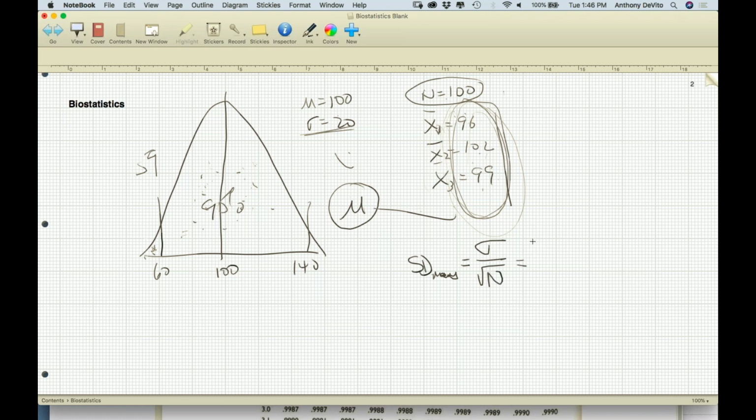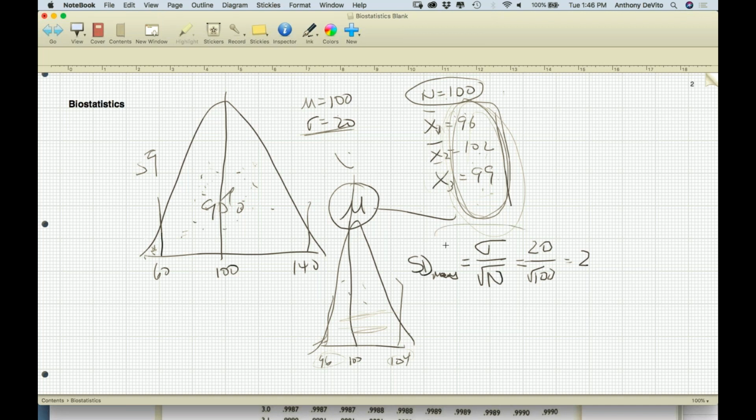In this case, that's 20 over the square root of 100, which is 20 over 10, which equals 2. So if I take an infinite number of samples, the mean of these sample means is going to be 100, and 95% of the time it's going to be between 96 and 104. Occasionally I'll get a value smaller, occasionally larger. In fact, 5% of the time I'll get a value either smaller or larger, because that's two standard deviations. But most of the time I'll find them in between.